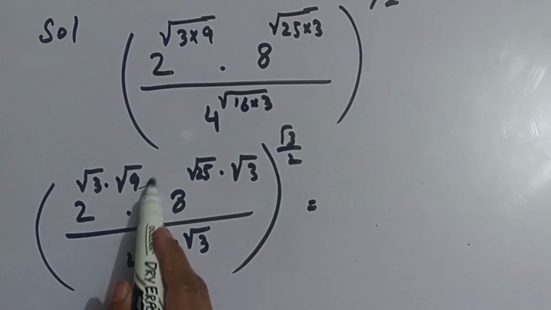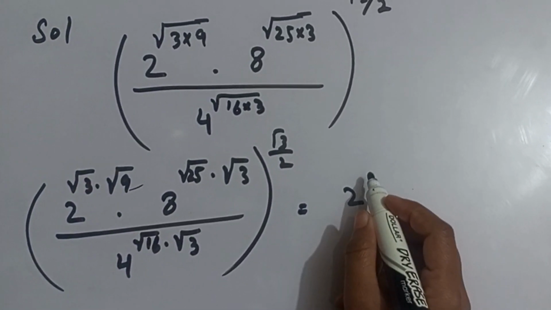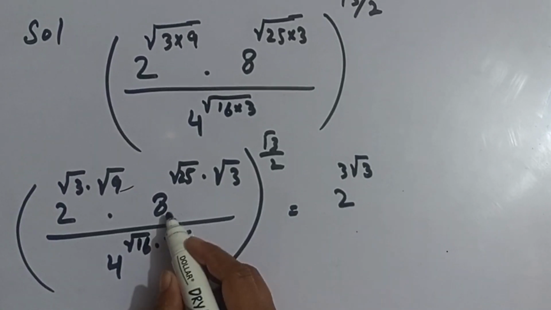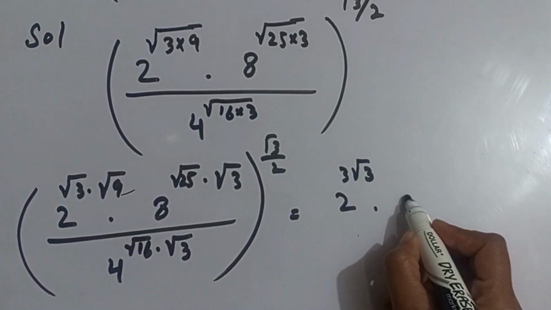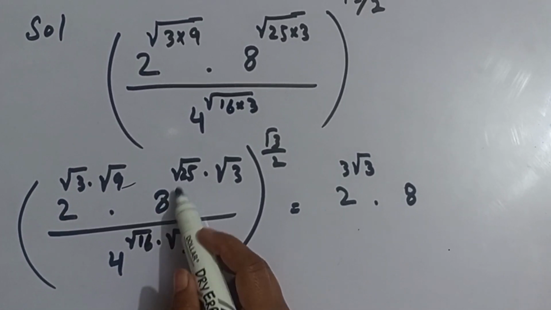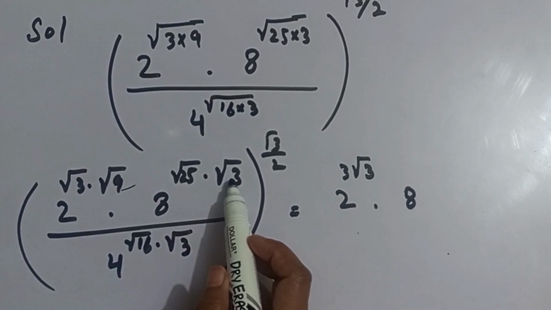Now square root 9 is equal to 3, so we write this value as 2 raised to the power 3 times square root 3. This is 8, and its power is square root 25 multiply square root 3.